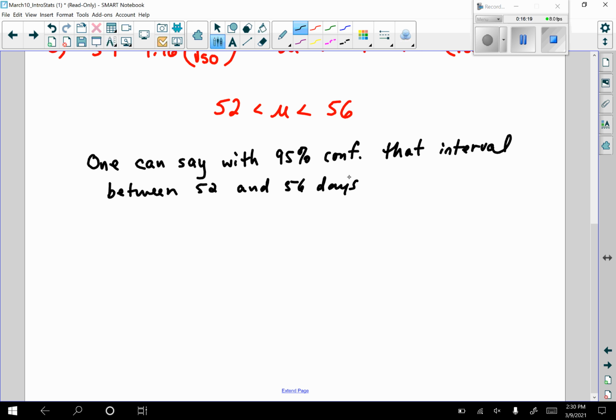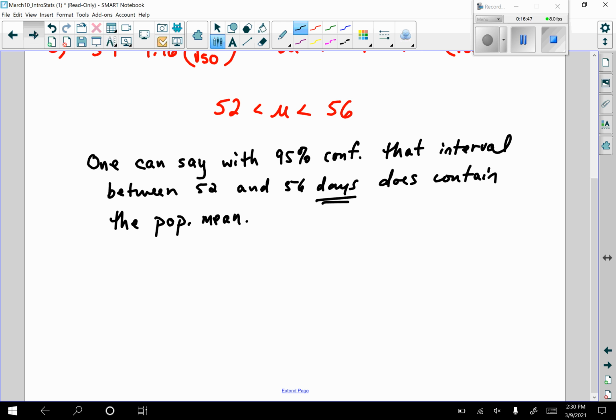Or we could just stop it after does contain the population mean. You could also word this as one could be 95% confident that the population mean will be between 52 and 56 days. But we want to label this days because that's the context of the problem.